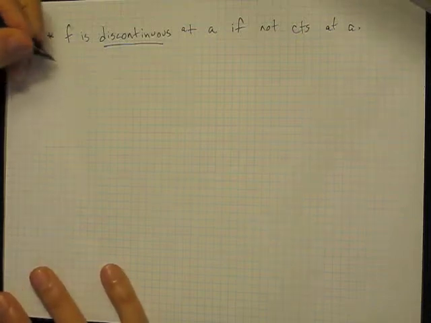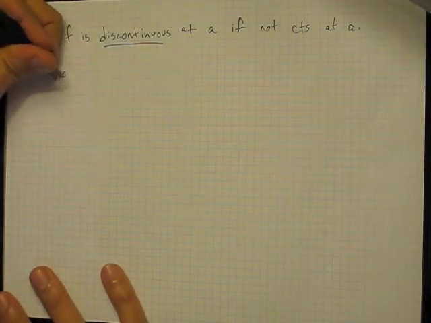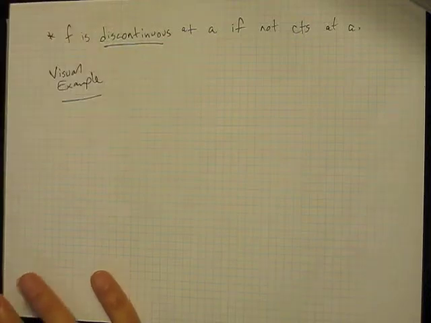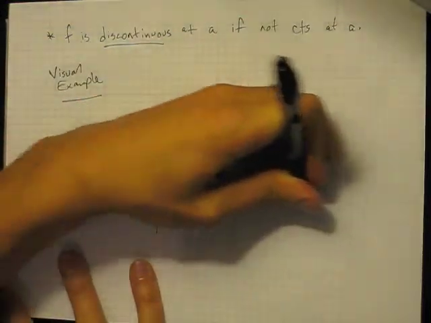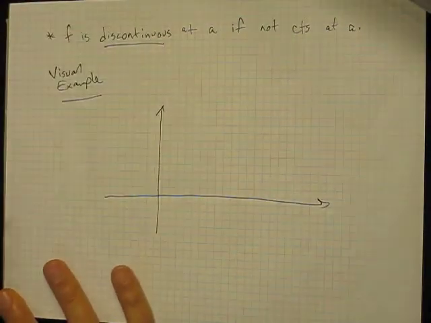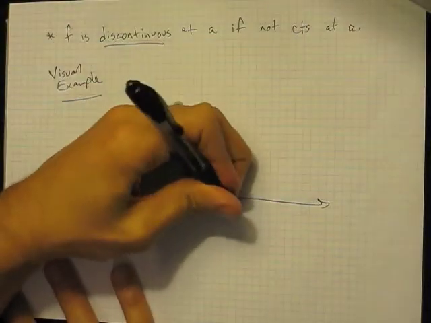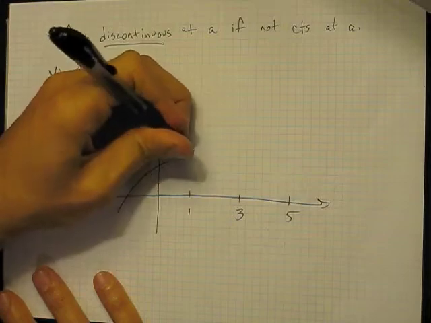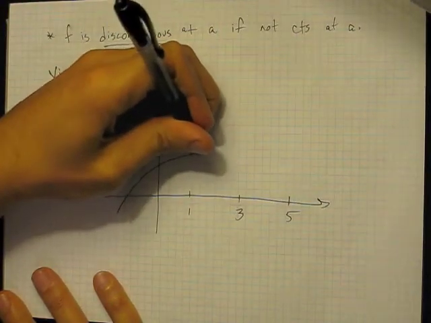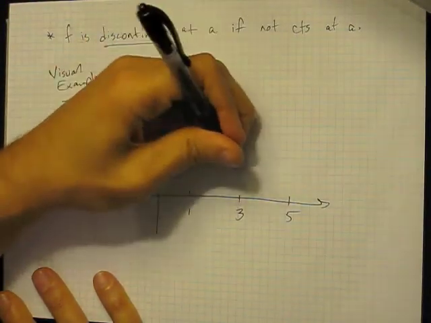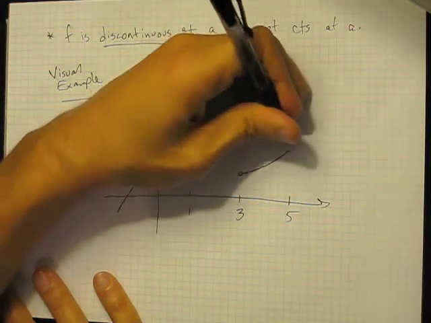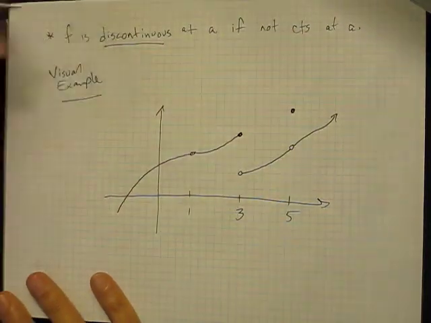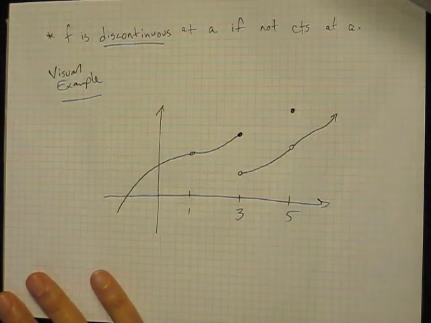So let's just take a look at a graphical, visual example, just to get warmed up here. So here's a graph. I'll draw a function. Okay. So here's the graph of a function.